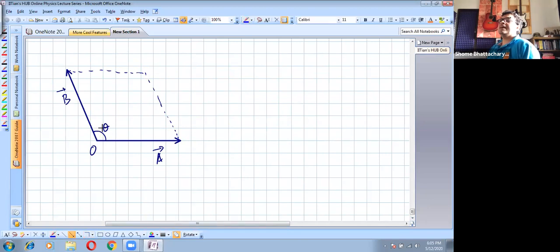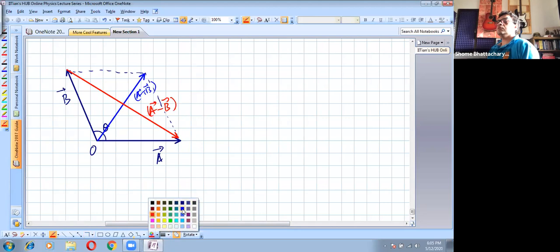Where the primary diagonal is the shorter of the two and the secondary diagonal is the longer of the two. So you can see something important over here.